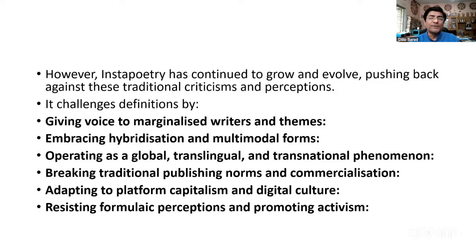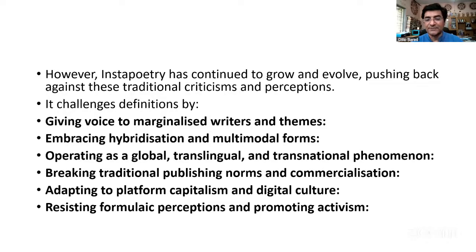Now we know that these are all private companies, Instagram, Facebook, and other things. Now I get a space to make a critique of those capitalist platforms on that very platform. So adapting to platform capitalism and making a critique of that itself on that very thing, the digital culture becomes very interesting here.